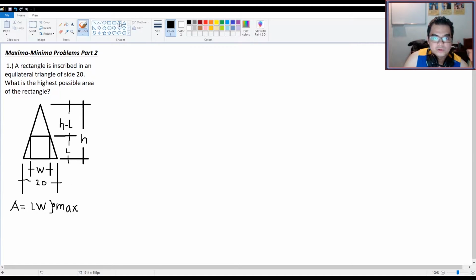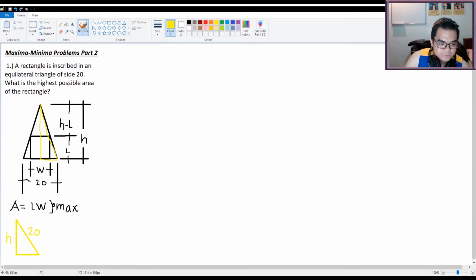Let's find first the height. I'll redraw the triangle here. Since it is an equilateral triangle, this side is also 20, and this will be your height.